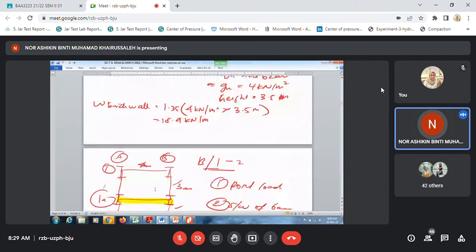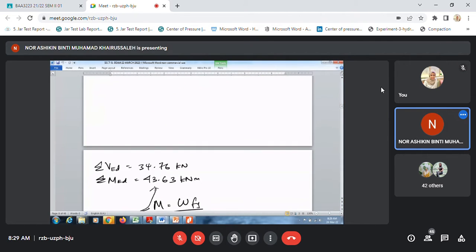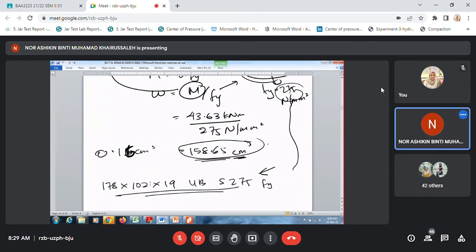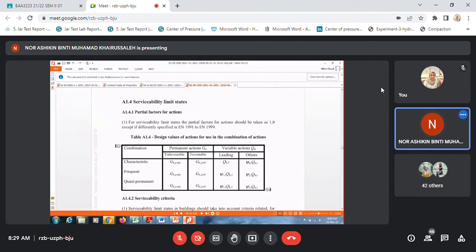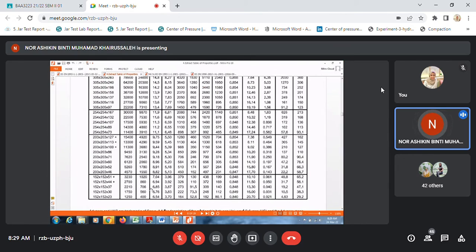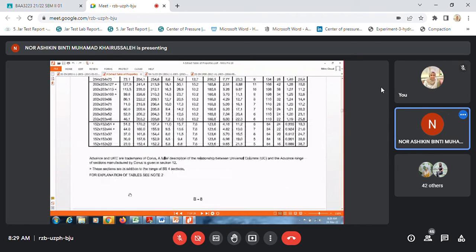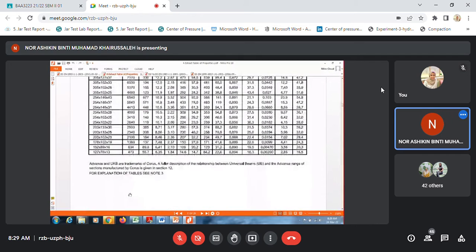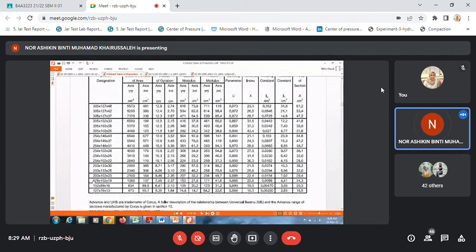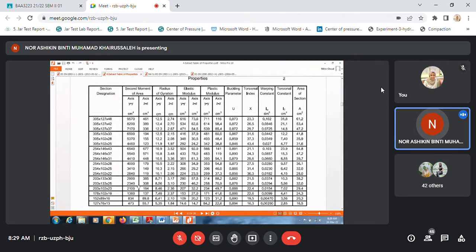What is the section that we picked on Tuesday? 178. Okay, this one. I is the second moment of area, which is at the principal axis, at the major one. So this one is 1360, you look at the unit, centimeter power 4.